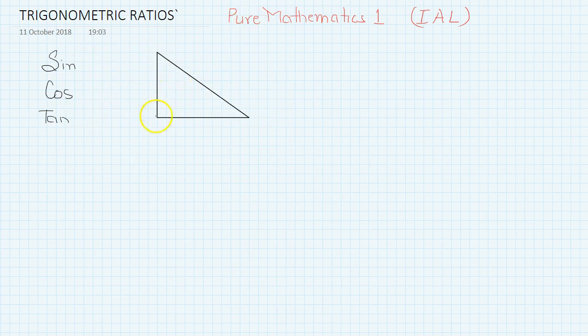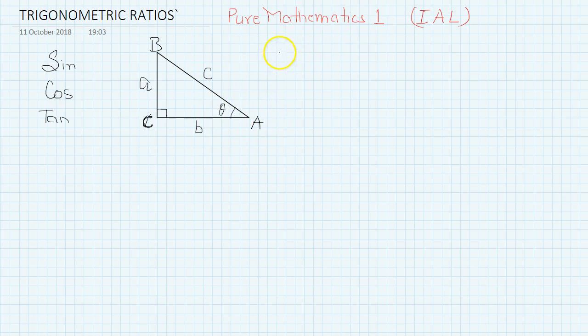Now this is a right angle triangle. Suppose this is A, this is B, and this is C. And the sides will be C, A, and B. This angle is 90 degrees. Suppose this angle is theta.